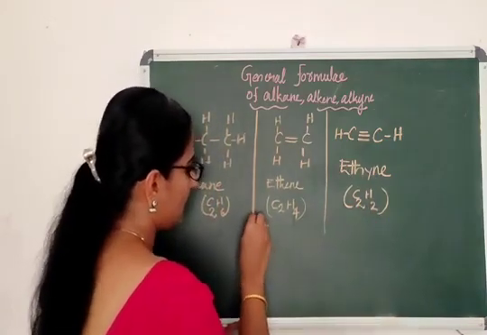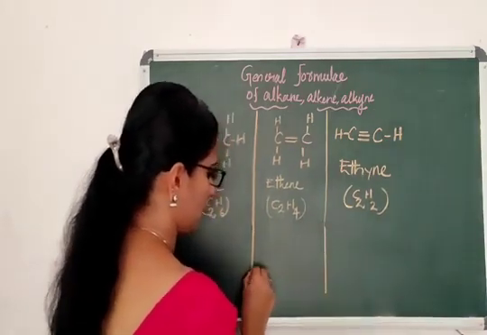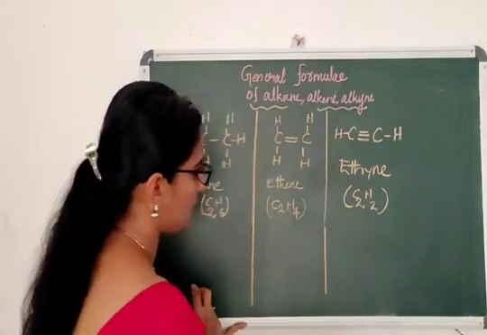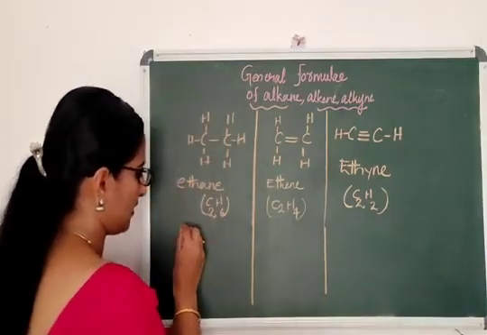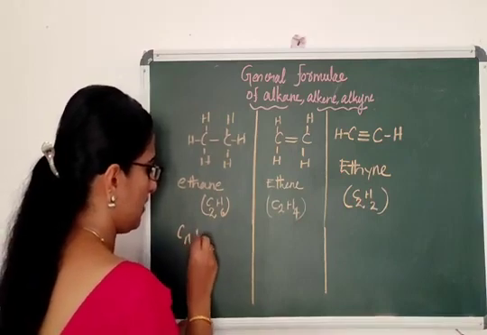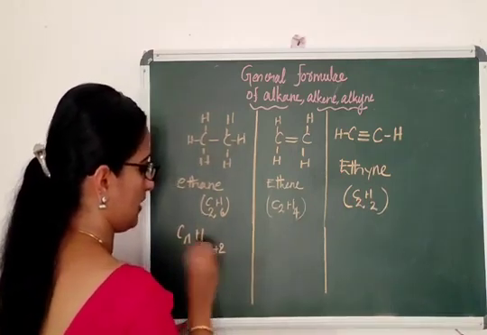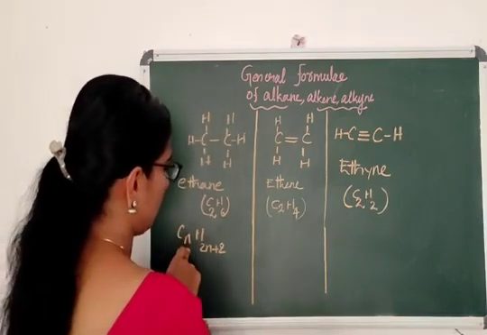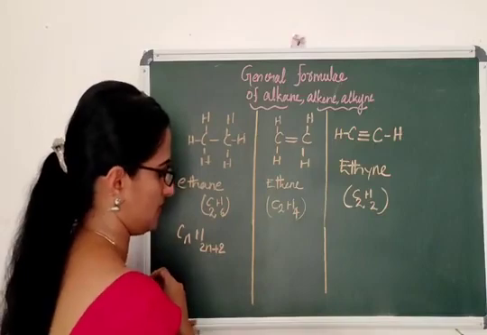So when you write the general formula of a series, in the alkane series the general formula is CnH2n+2. n is the number of carbon, and 2n+2 is the number of hydrogen present.